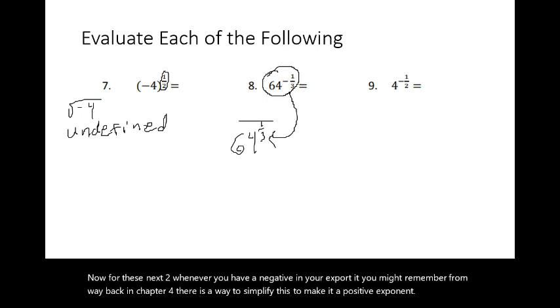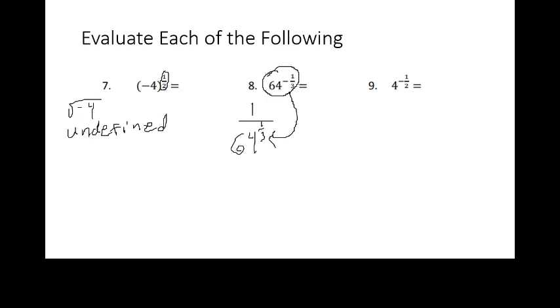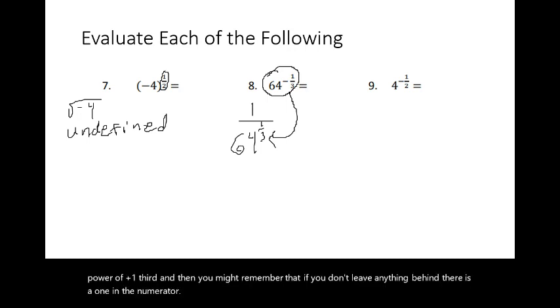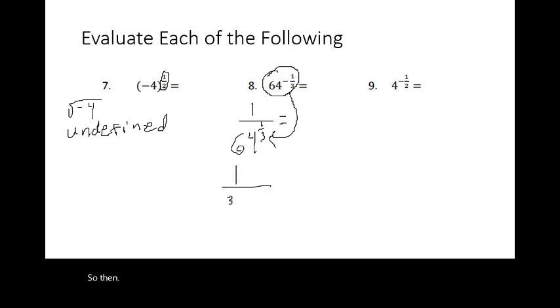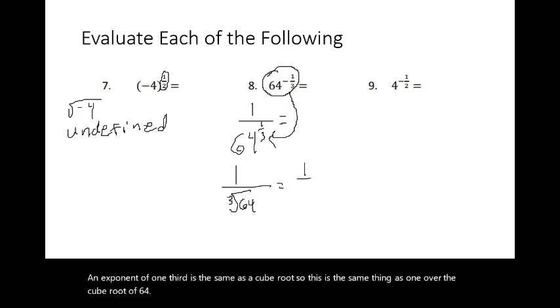And then you might remember that if you don't leave anything behind, there is a 1 in the numerator. So then, an exponent of 1/3 is the same as a cube root, so this is the same thing as 1 over the cube root of 64. For the cube root of 64, you were asking what number times itself 3 times gives me 64, which is 4. So your final answer is 1 over 4.